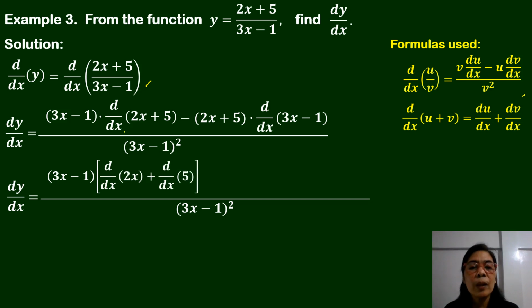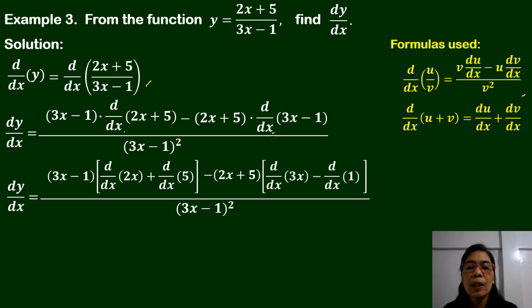And that is equal to the derivative of the first term plus the derivative of the second term. Then we have here minus the quantity 2x plus 5. Again, this one starts with a derivative. We have the derivative of 3x minus 1. Again, it involves a sum. So we'll take the derivative of the first term minus the derivative of the second term.